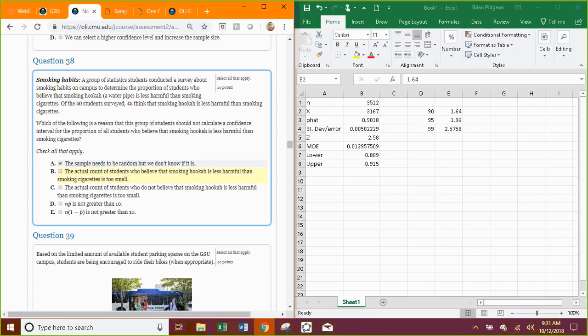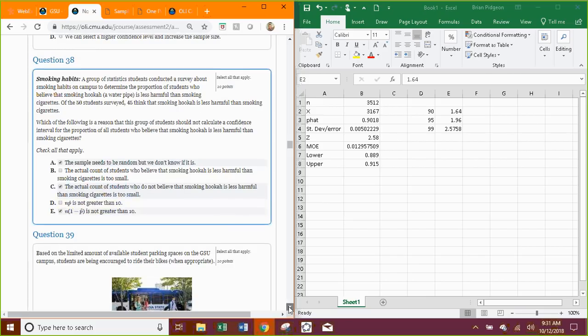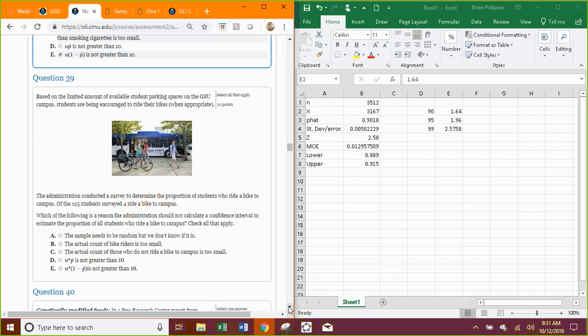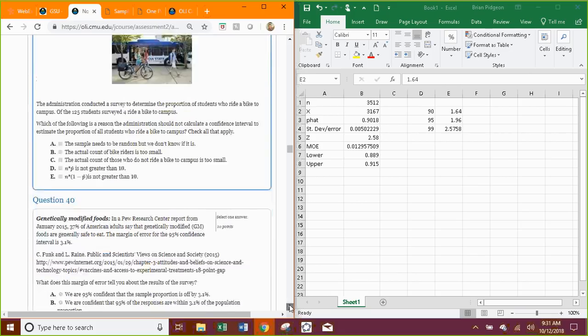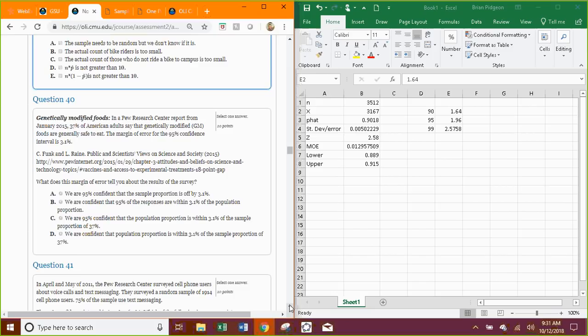And we have 45 successes, who think it's less harmful, but that means we have 5 who think it's more harmful. And that means that n times 1 minus p-hat is not greater than 10. Same as before. Look at that, only 4 or 5 successes in one group. So just keep that in mind.